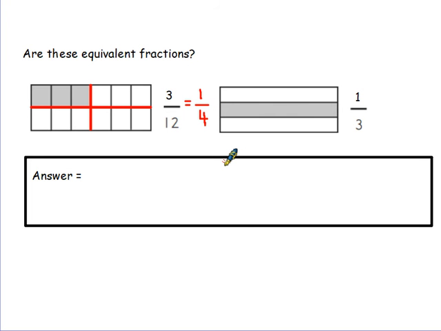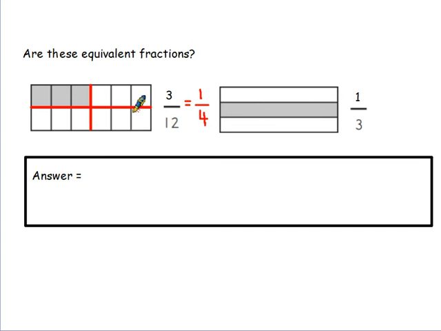And this is when it starts to get a bit tricky, Y3, and why you need to be good at your times tables. 1 times 3 is 3, 4 times 3 is 12. That's another way of working it out.